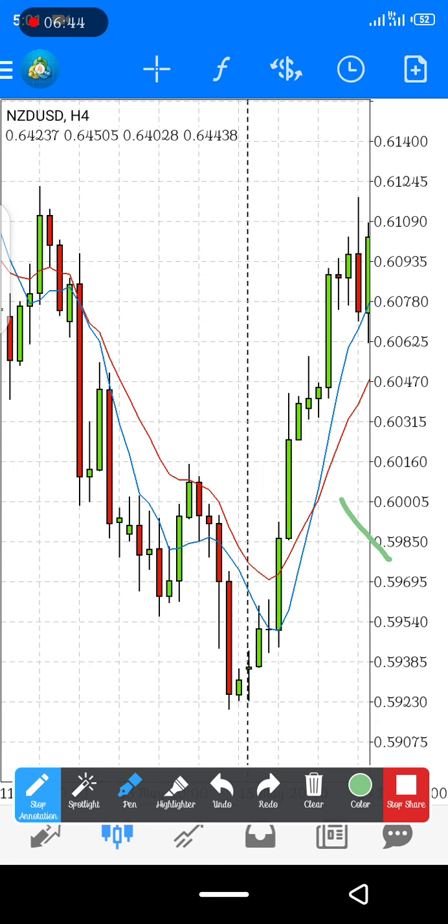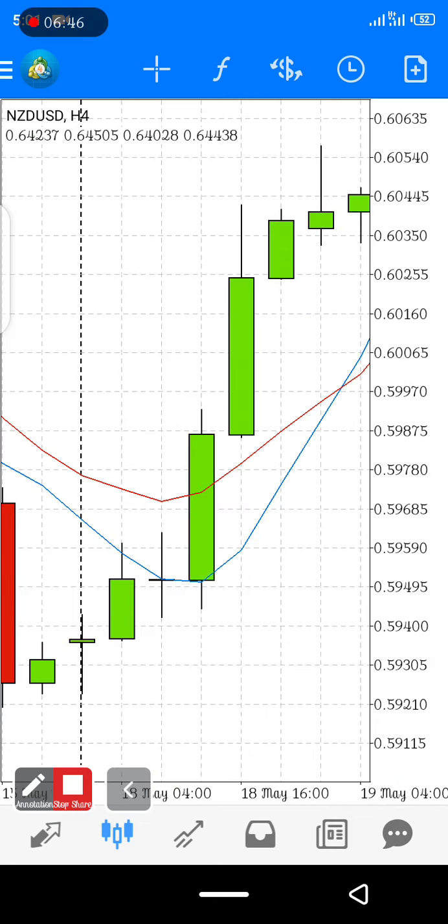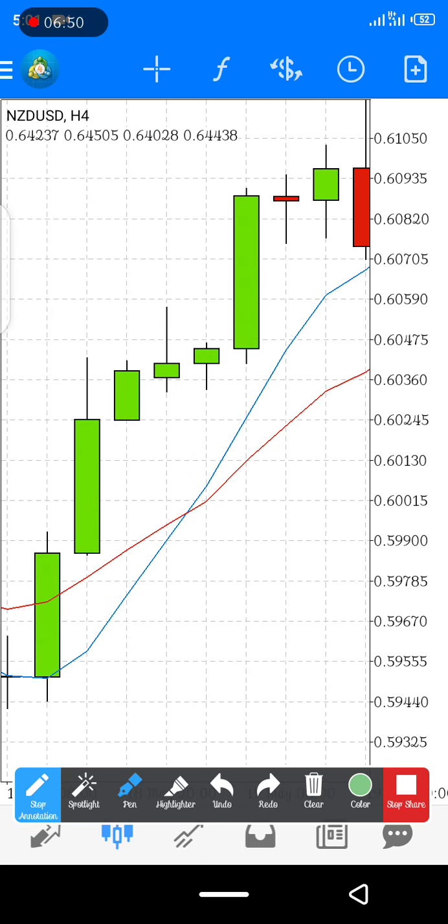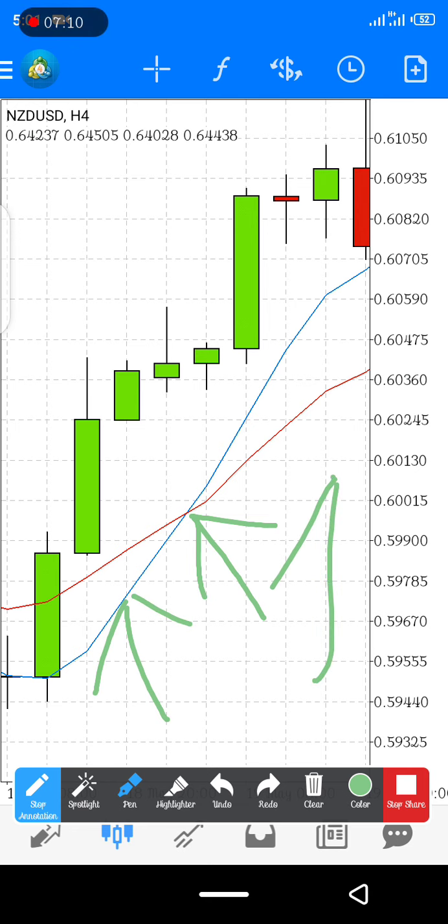Okay, let's zoom in. Now you see this exact point where the moving averages crossed each other. This is a golden cross. And after this cross, what happens? The fast moving average, which is this blue, crosses the red towards the upside direction.